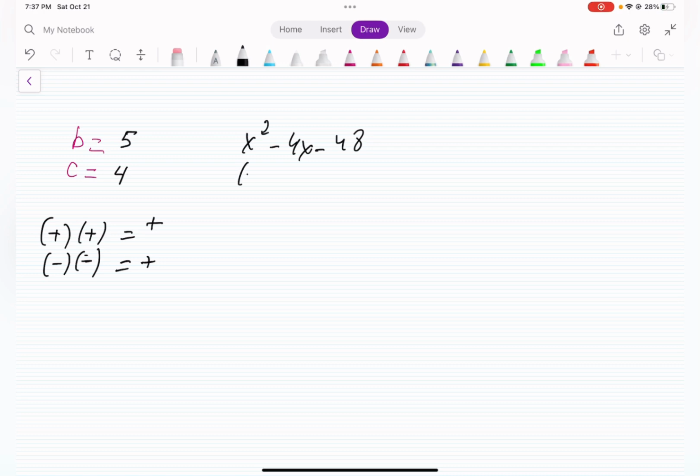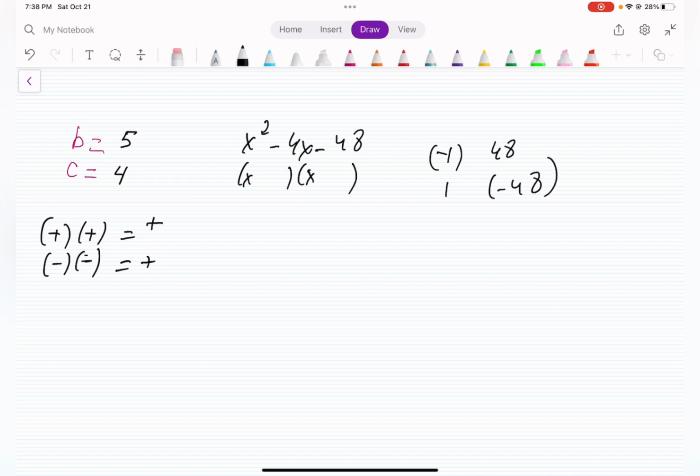All right. So negative 48, let's figure it out. It can be negative 1, 48. It can be positive 1, negative 48, because we have negative 48. That means it's going to be plus or minus, right?